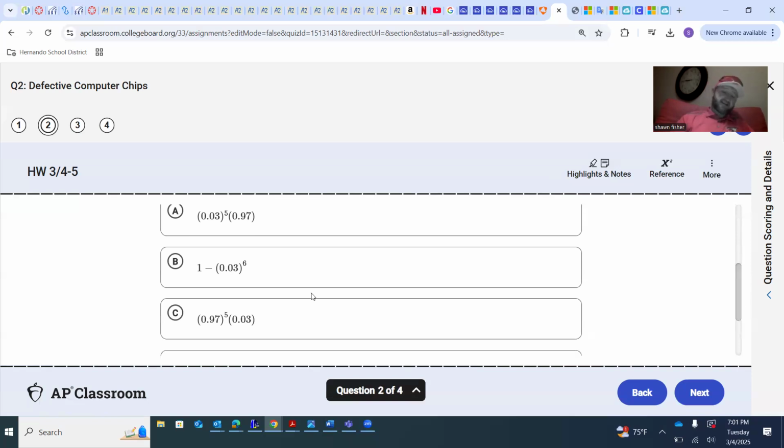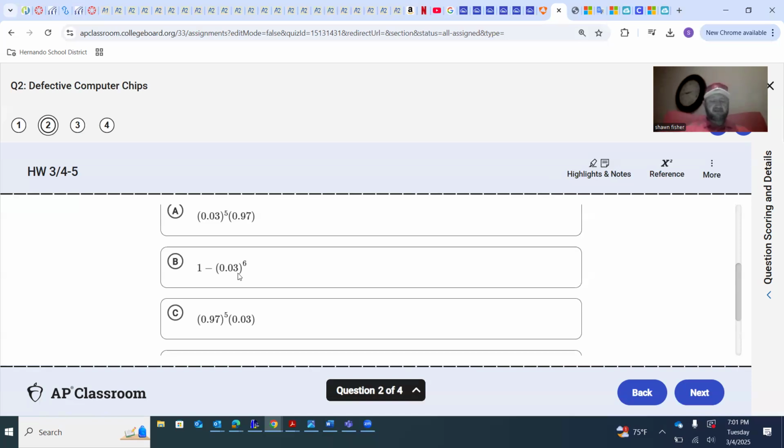This one says the first 6 of them are defective, one minus that. So what they're saying is, I'd have to come back to that one.